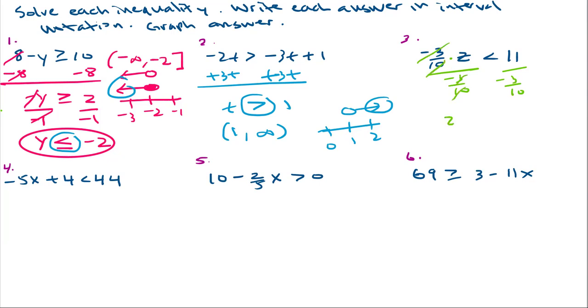And we get z. So z is less than 11, and then I have to flip this, so that'll be 10 over -3. Then multiply across.